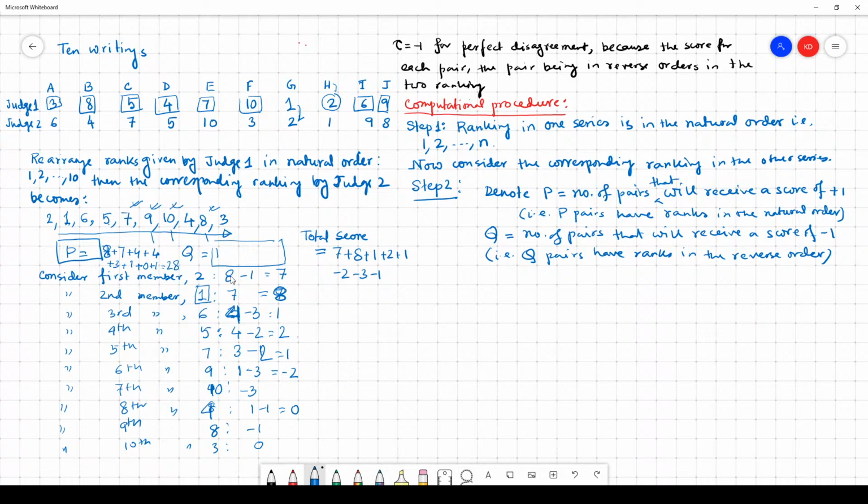And what about Q? According to my calculation, P is 28.